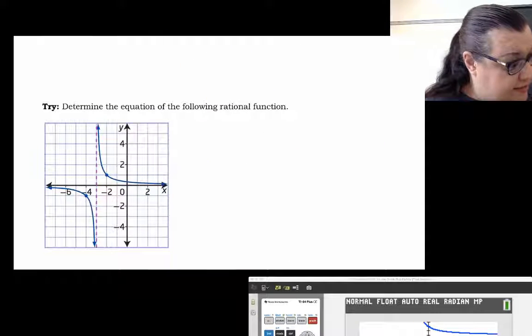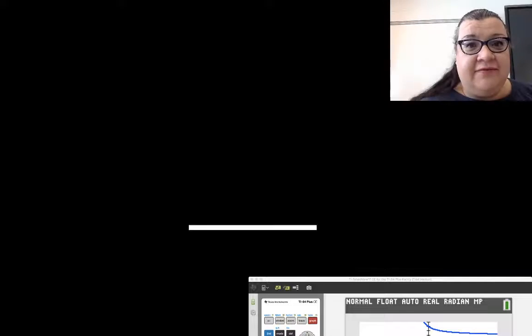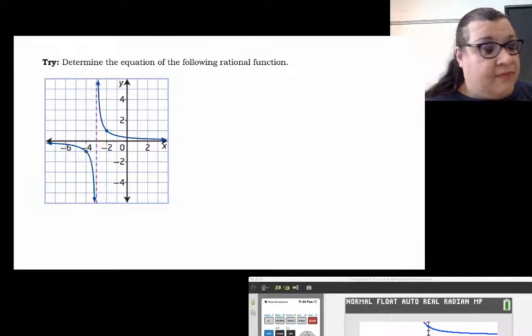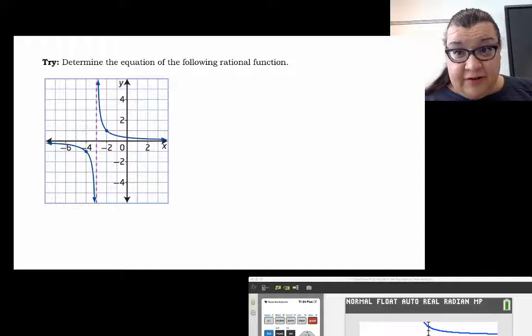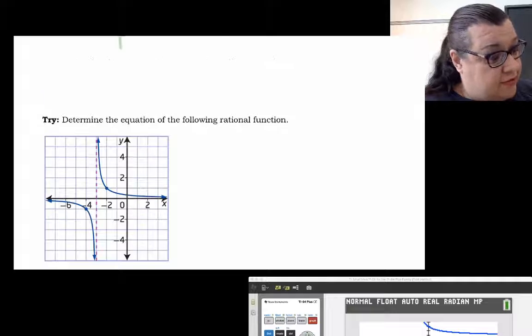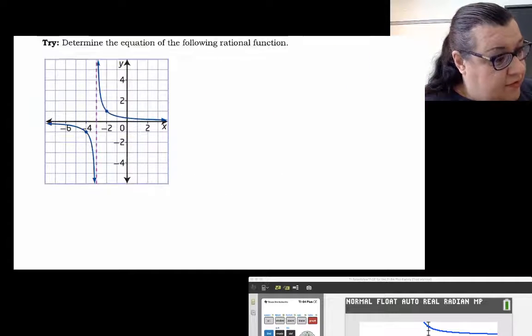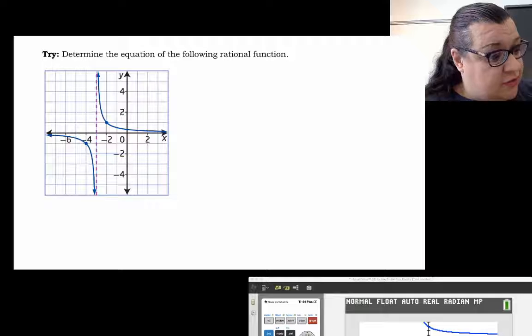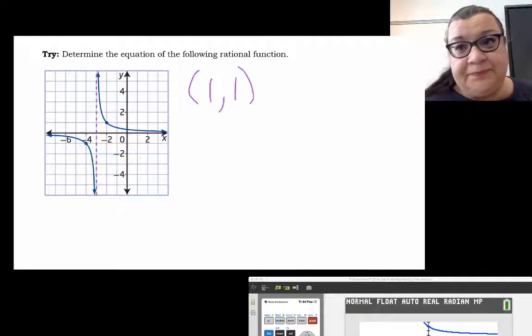And I've got a second example there for you. What is the equation of this function? Right? So a different approach to doing this, okay, is to think about your mapping. Okay, so the base function will always have a point 1, 1, right?